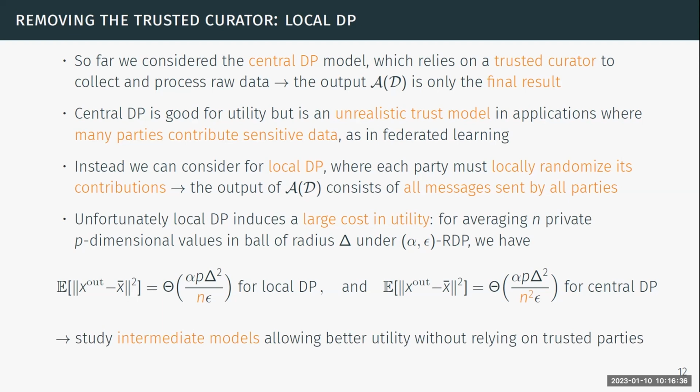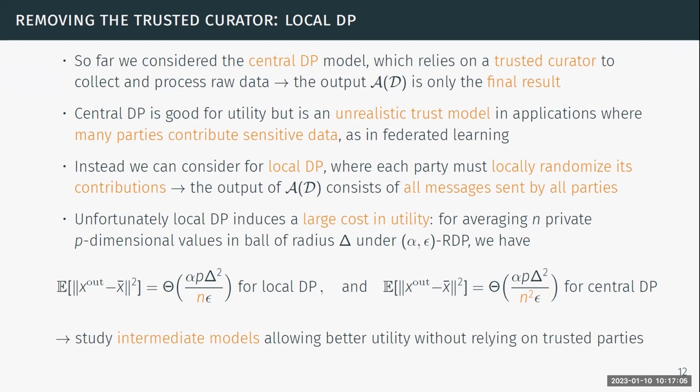This model, local DP, is very pessimistic, because it assumes the adversary observes all the messages sent by everyone. As I explained at the beginning, in decentralized algorithms this is different, because each participant only observes a subset of the messages. This motivates trying to study intermediate models between central DP with a trusted curator and local DP, so that we can get better utility without relying on trusted partners.